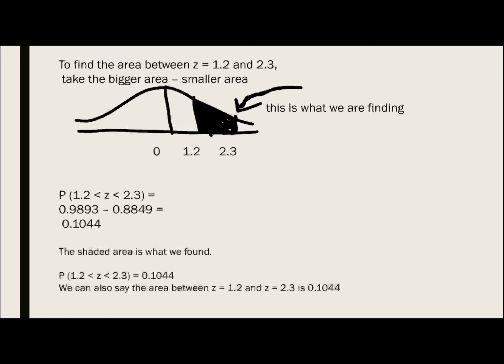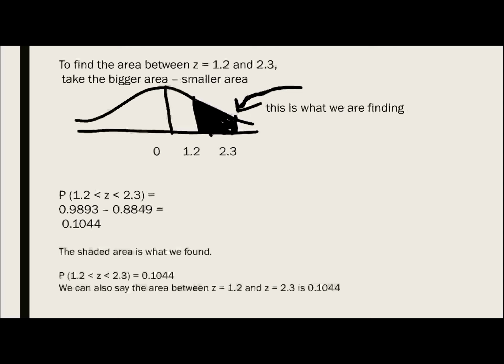So to find the area between 1.2 and 2.3, you're going to take the bigger area and subtract the smaller area. So you're going to look up the bigger number first, 2.3. Look up means look in your standard normal table that we've been using. Now you're going to look up 1.2. When you look up the bigger number, you get 0.9893.